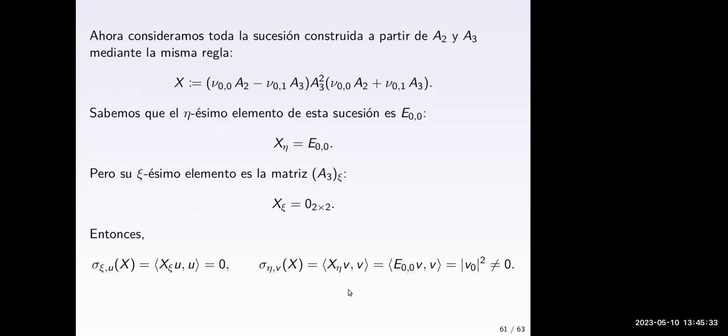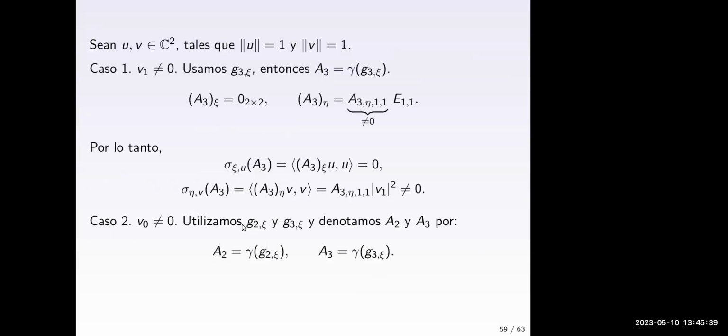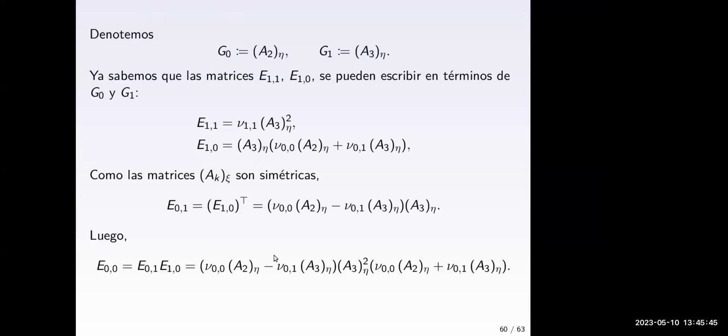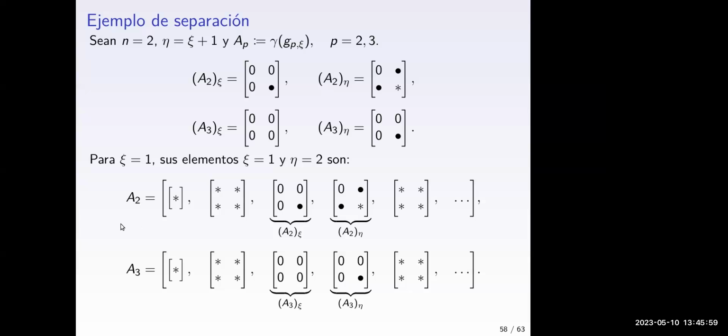Now we consider all the sequence, not just an entry, but if we consider all this operation, this multiplication, this product of linear combination of products of G0, G1, of G's. Now we work with all the sequence.